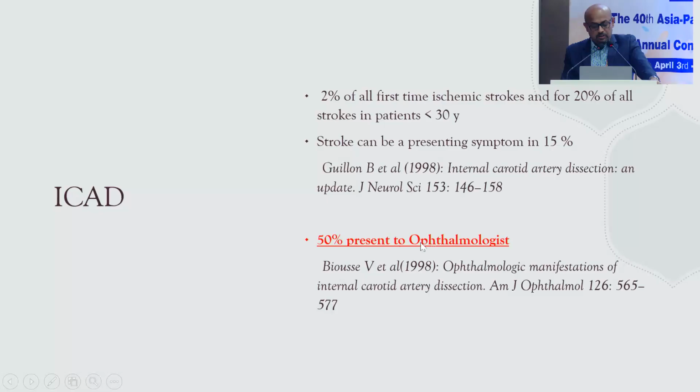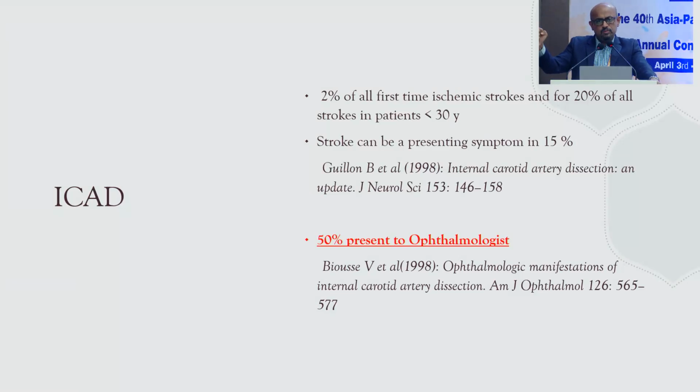The most important is that 50% of these patients first go to an ophthalmologist, and that's the reason why we should be aware. Anybody who has an acquired mild ptosis, look at the pupil very carefully. If you have even the slightest doubt that there is an anisocoria, the pupil on the affected side is smaller, look at what is happening to that pupil, switch off the room light and switch it on.